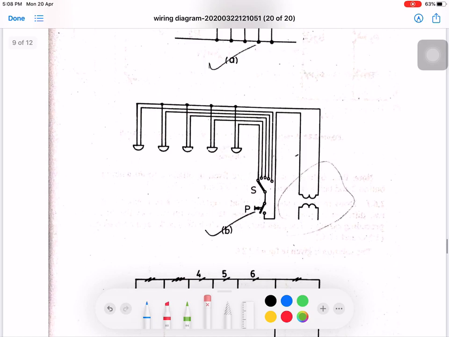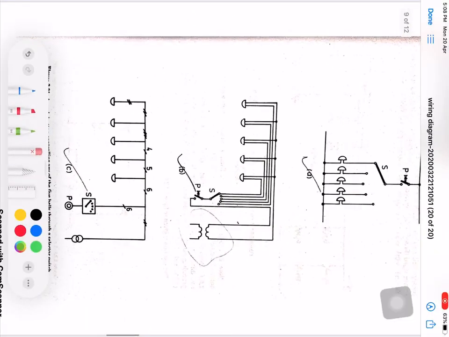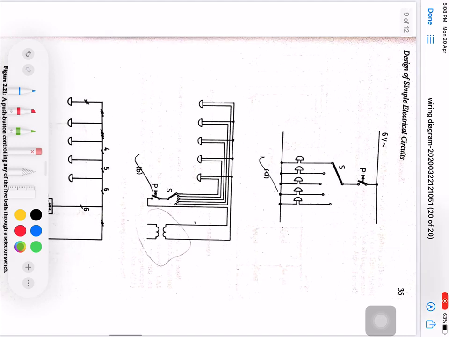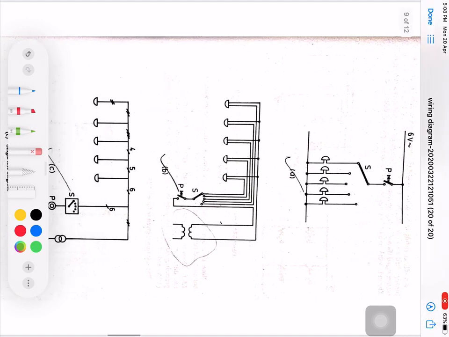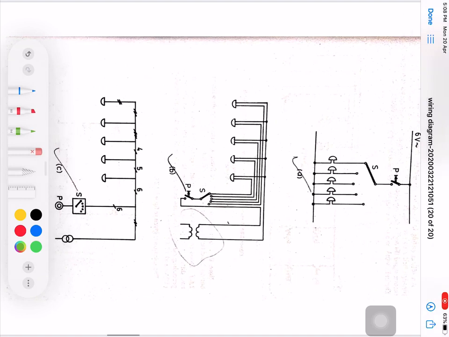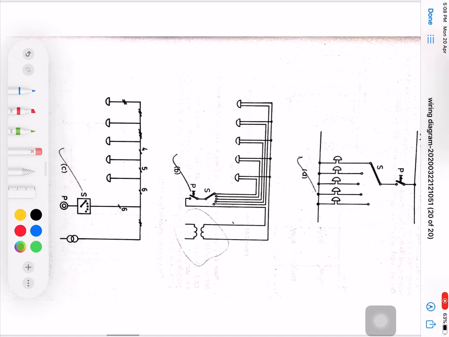Now if you have a single push button that has to control n number of bells, then the arrangement is shown in this figure which you can see on the screens. These types of bell circuits are applied in places for some particular applications.